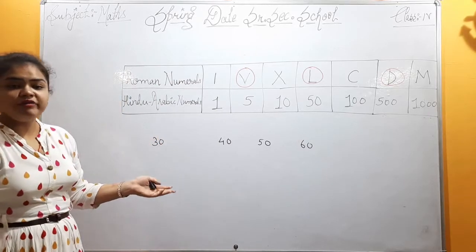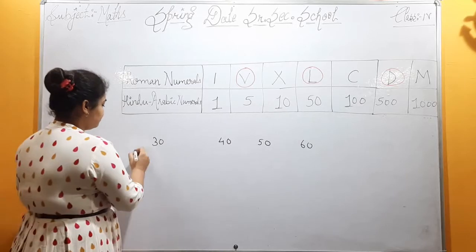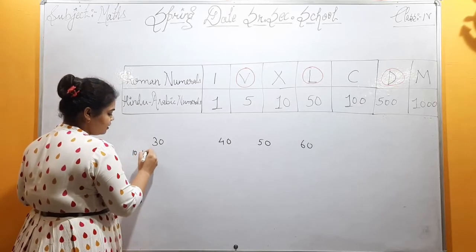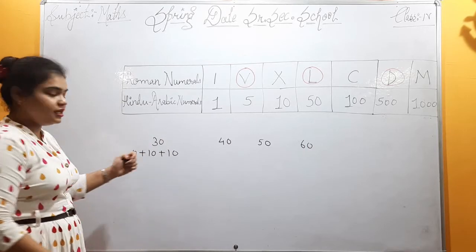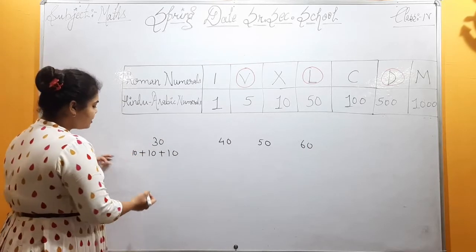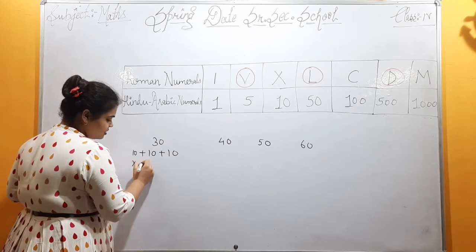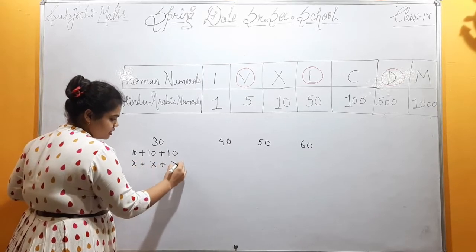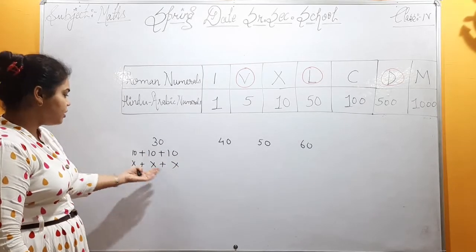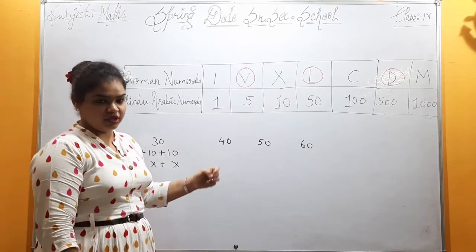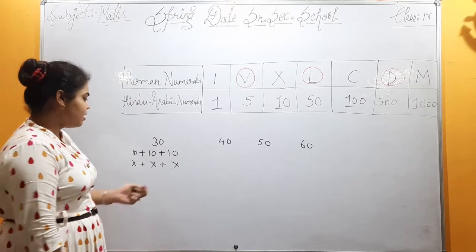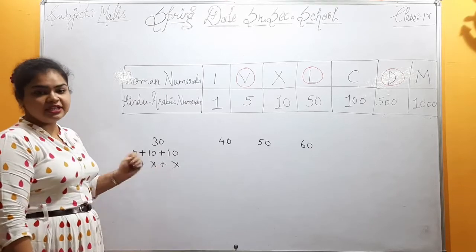How will we write 30? 10 plus 10 plus 10. So this makes 30. And in Roman numerals, how will we write it? X plus X plus X. Now this is 30. Now we have to write the number 40. How will we write 40? We can't repeat this X more than 3 times.